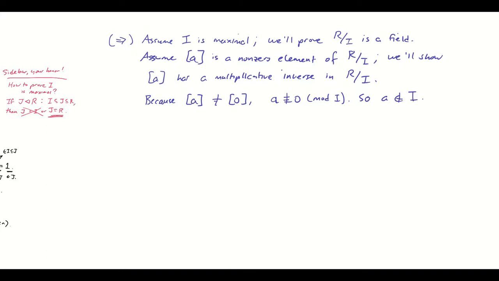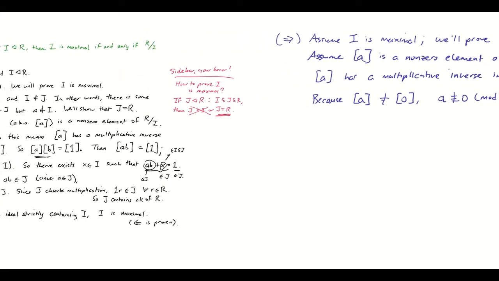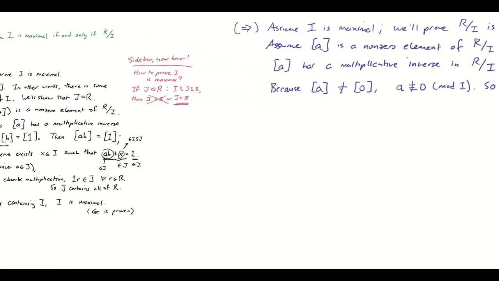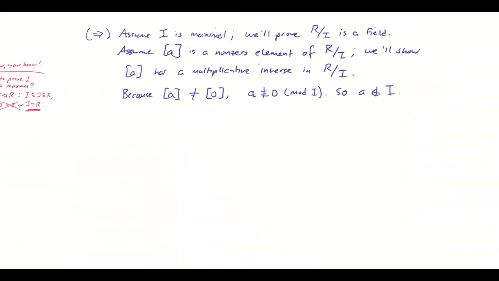Okay, and now you see this kind of setting up in such a way. I mean, it feels a lot like what was happening over here, just in a different logical order with different assumptions and different things to prove. Okay, so A does not belong to I, which means, okay, and now I'm thinking we're going to take this A, we're going to build a bigger ideal than I in R, and we're going to use the fact that that bigger ideal has to be the entire ring because I is maximal. That's how this appears to be shaping up.